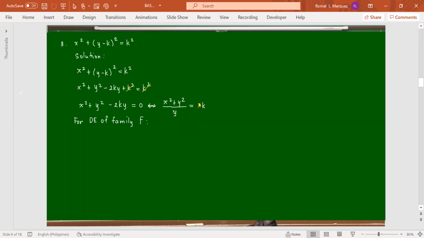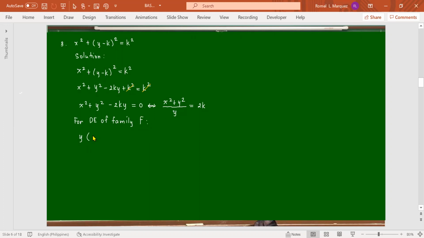So how can we now eliminate 2k? By differentiating the left and the right. So we now have the denominator times the differential of the numerator.